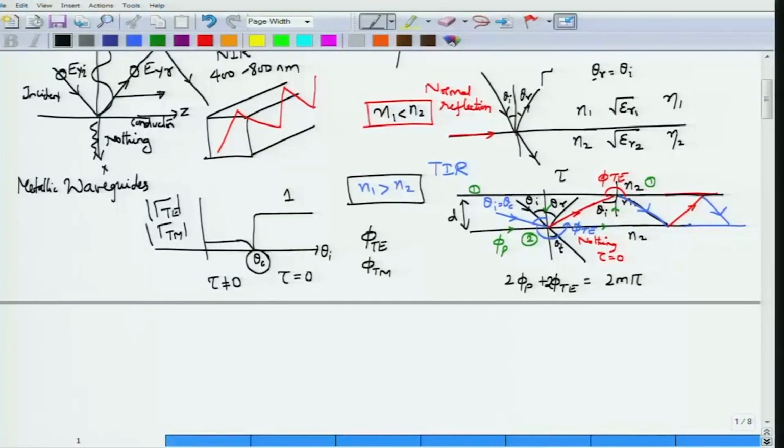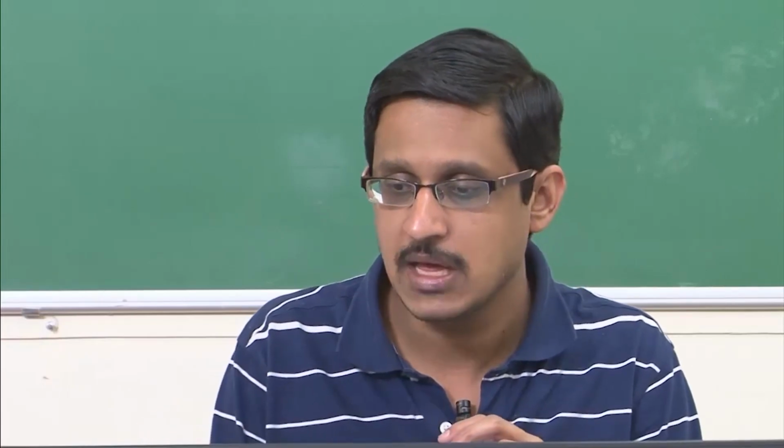Okay. Unfortunately, this equation based approach does not yield what kind of mode shapes are possible and sustainable. Moreover, this analysis assumes that the film thickness is quite large, and therefore we can get away by describing light in terms of its ray picture.